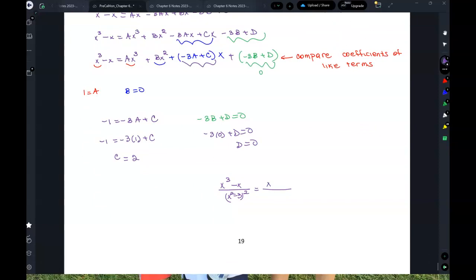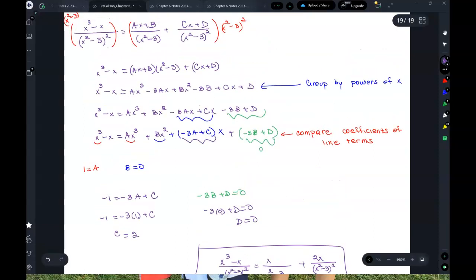So (1x plus 0) over x squared minus 3 plus (2x plus 0) over (x squared minus 3) squared. And that is what you get. Okay? So it could have looked a little different. Now on the homework, I have one that goes to F and stuff. But that's okay. That's fun.